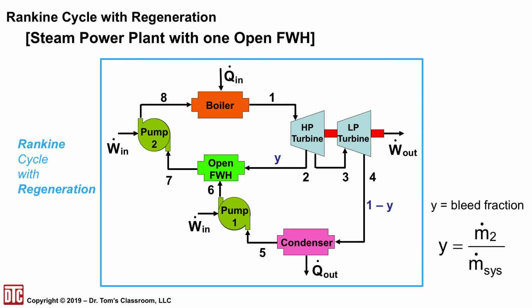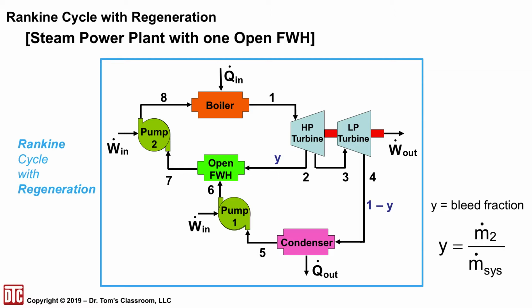We're drawing off steam at point 2, a value y, which represents how much of the mass flow rate is coming this way. Therefore, 1 minus y is going the other way, which you can see just below 4, coming out of the low pressure turbine and going into the condenser.